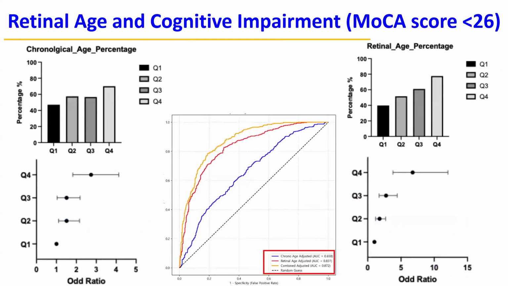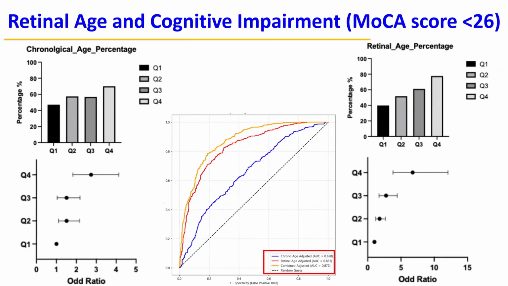We also looked at how retinal age can be used to detect cognitive impairment, which we defined as a MoCA score lower than 26. The AUC is a measurement of how well the model detects cognitive impairment. You can see that for chronological age alone, the AUC is very low, only 0.6-something.